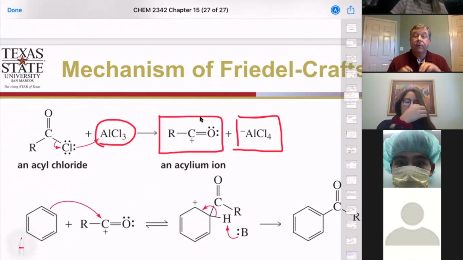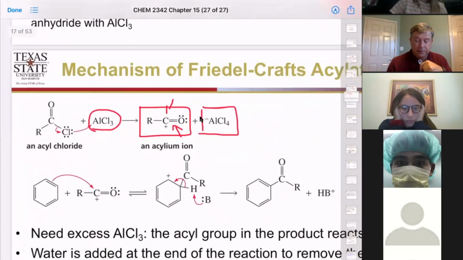So now we have a full positive charge on that carbon. Now, these do not rearrange. We formed a carbocation with a polarized carbon-oxygen bond here, so it does not move. So we don't have to worry about rearrangement. It's just wherever that acyl group was is the part that's going to bond to benzene. So that's a bonus for the Friedel-Crafts acylation.